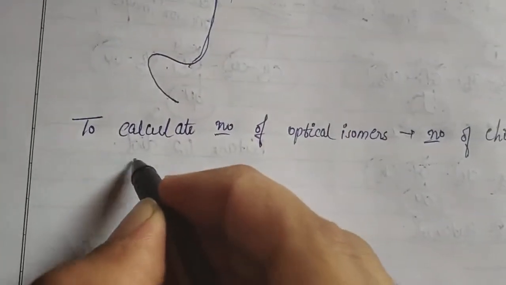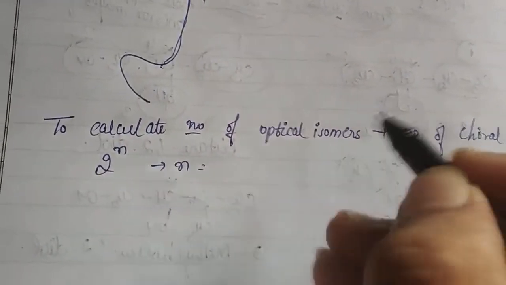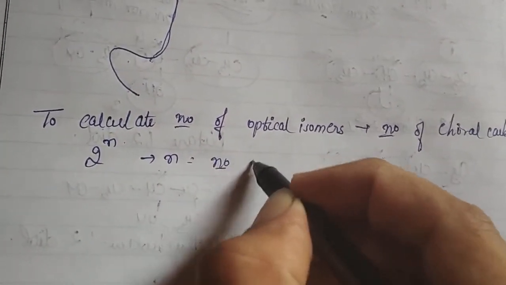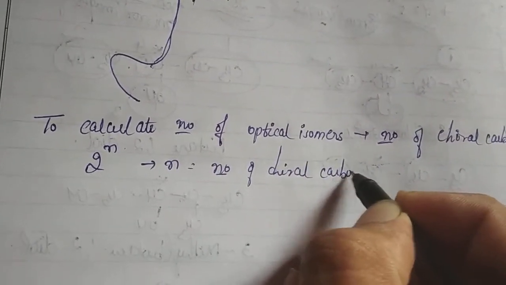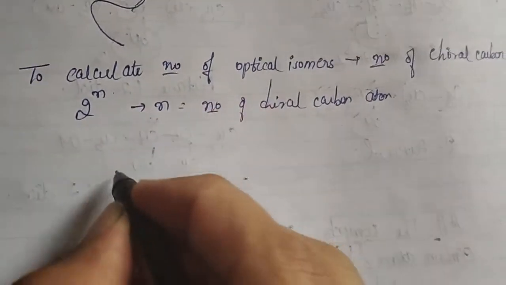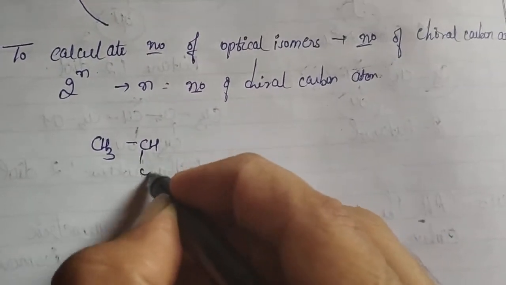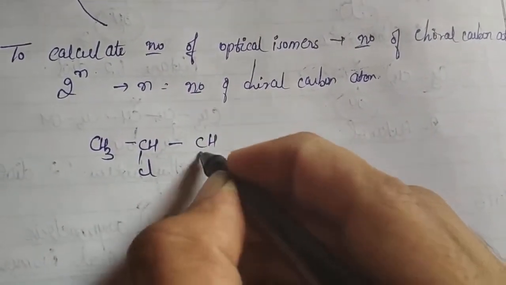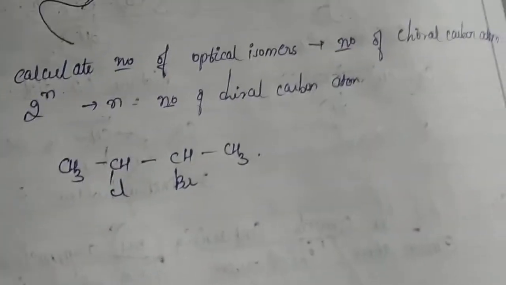Basically the formula is given as 2 to the power of n, where n represents the number of chiral carbon atoms. Let us take an example: CH3, CHCl, CHBr, CH3.